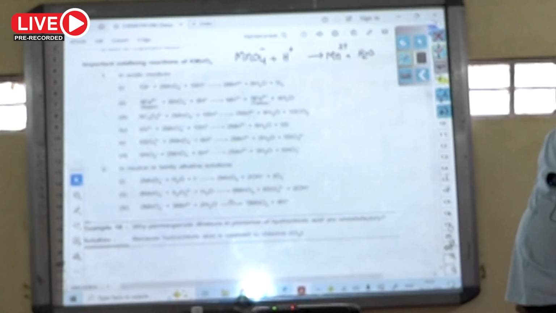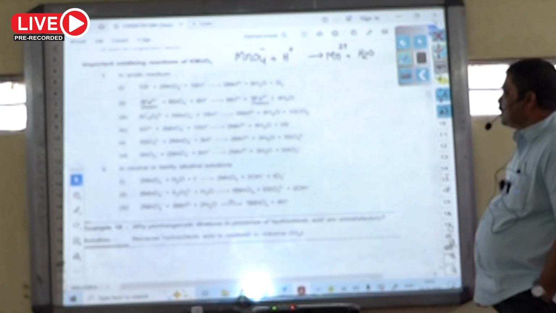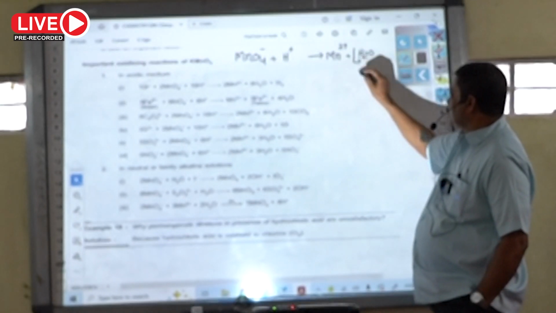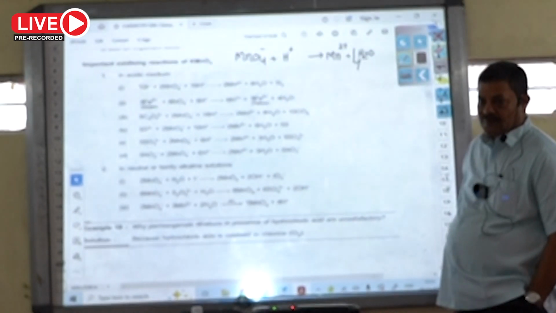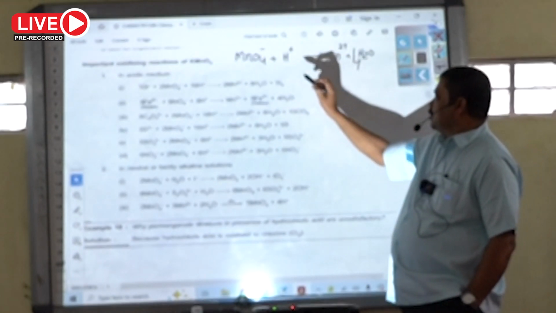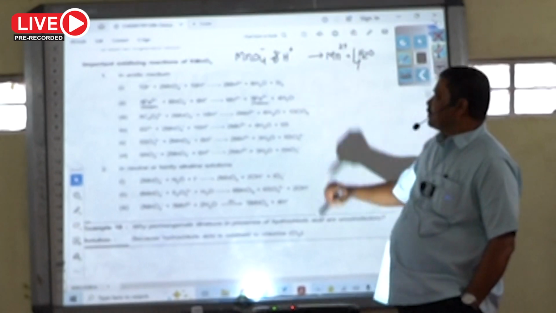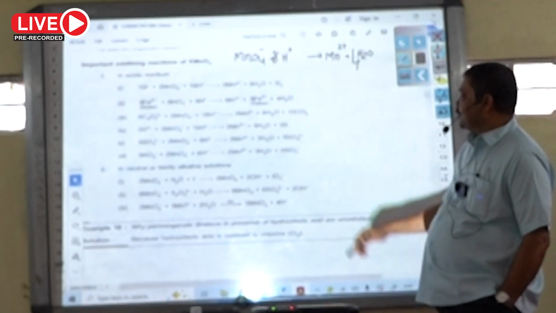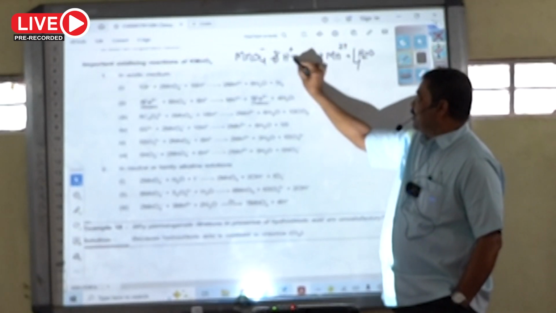This reaction we have to balance: for 4 oxygens we write 4 H2O here. Then for 8 hydrogens you write 8 H plus. To balance the charges, you add 5 electrons here.